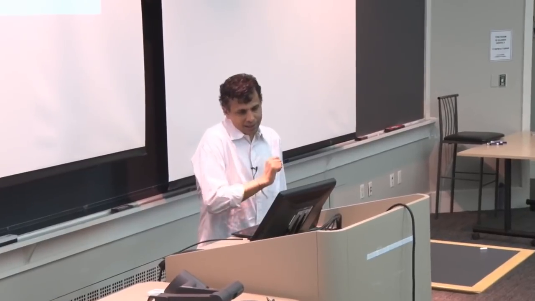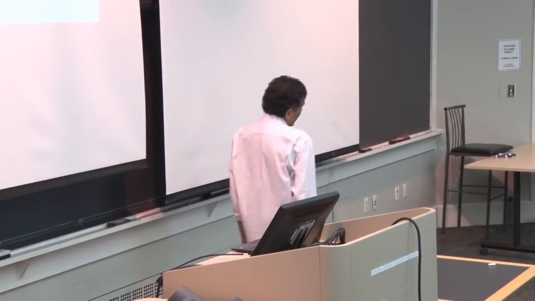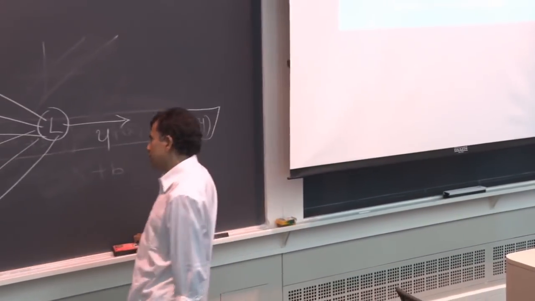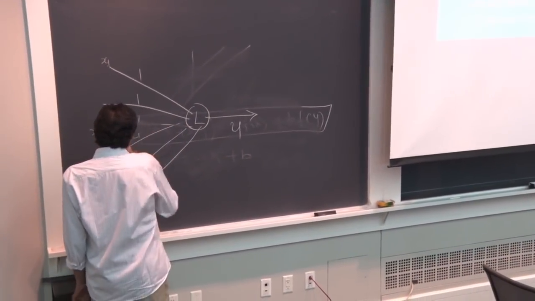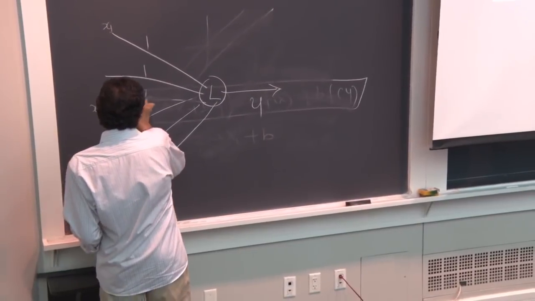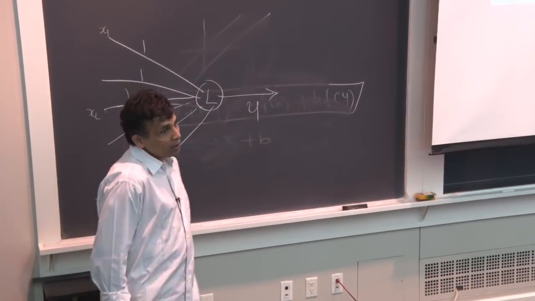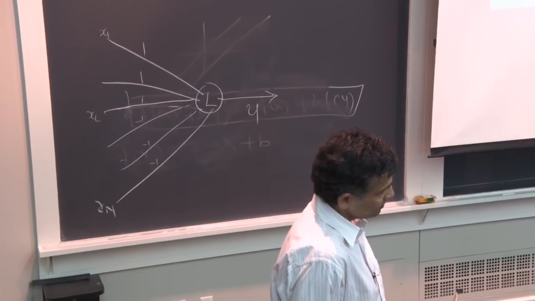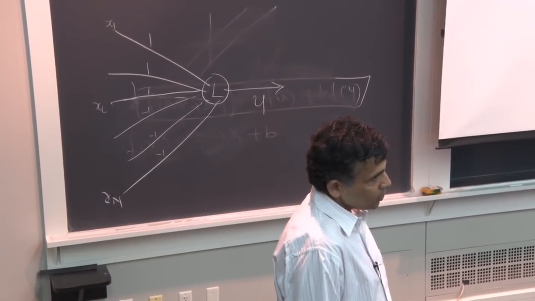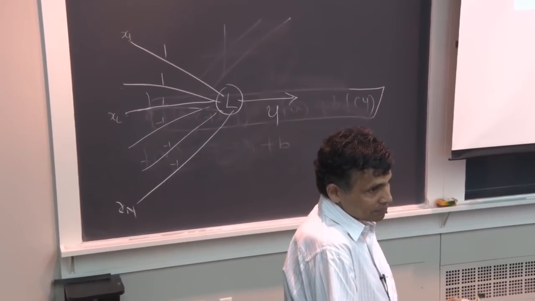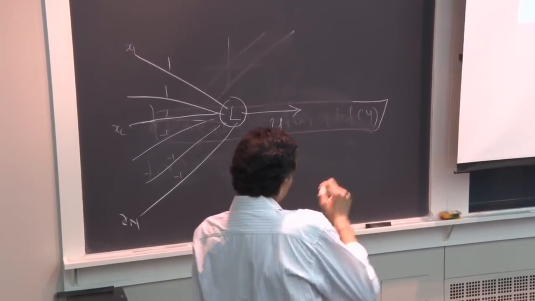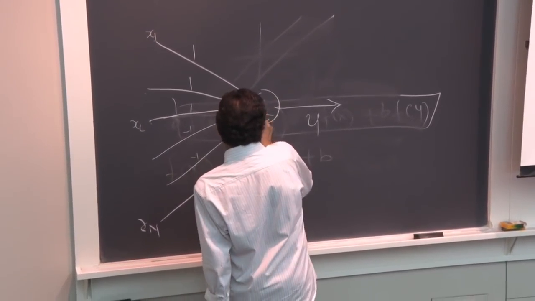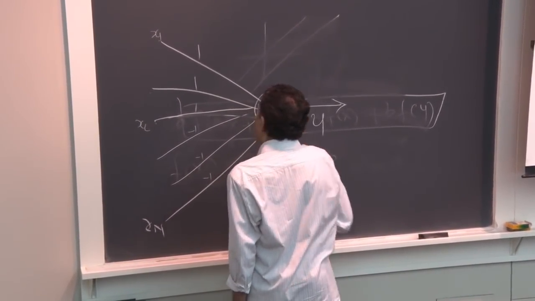Okay, here's another one. I have the same structure. I want the unit to fire if any of the first L inputs are 1, or if any of the subsequent inputs are 0. Can I do that? I claim that I can do this with a threshold of L minus n plus 1. Why would that be?